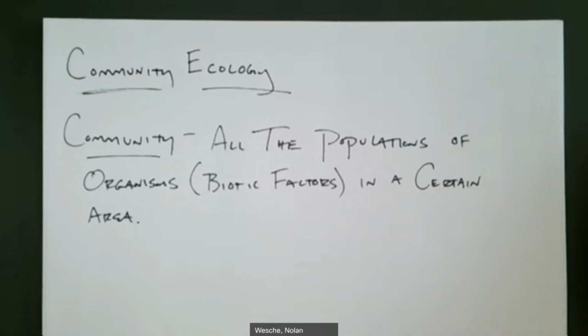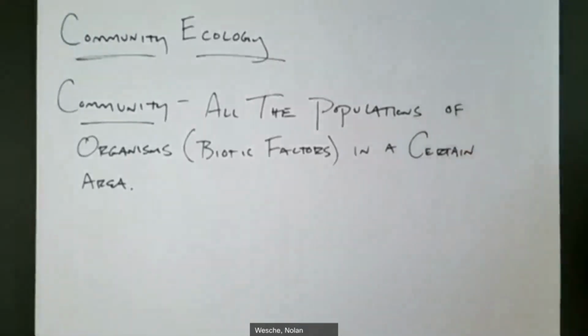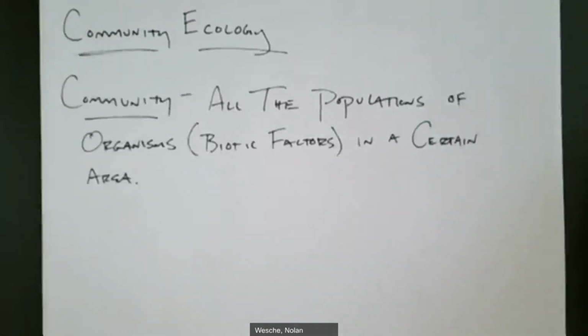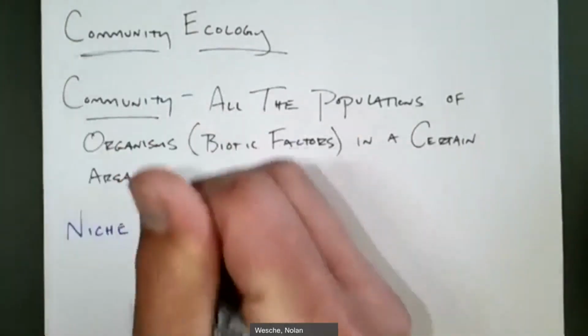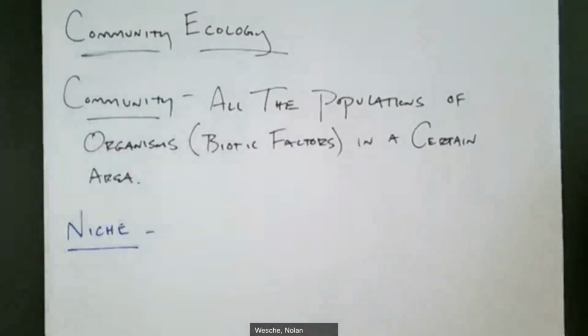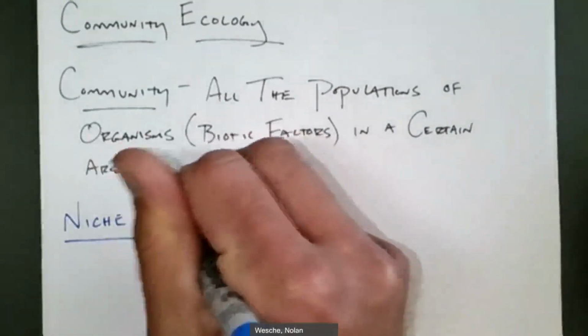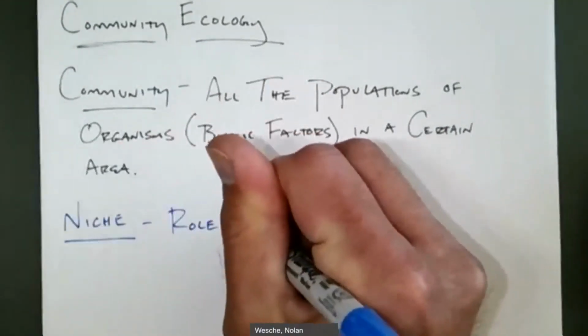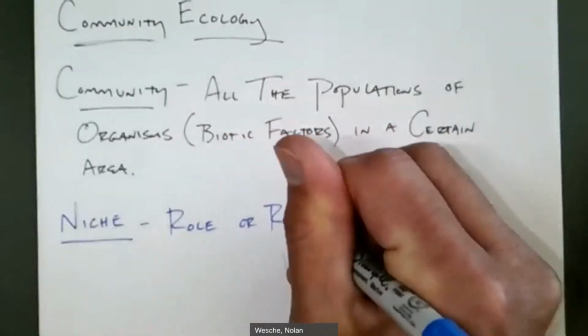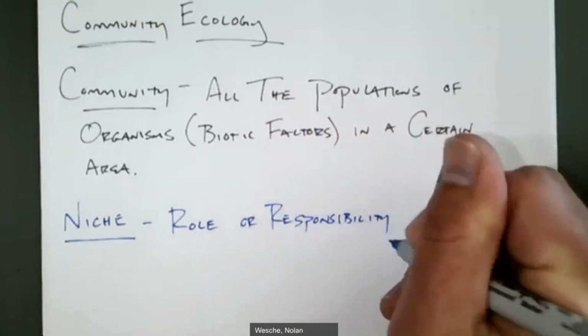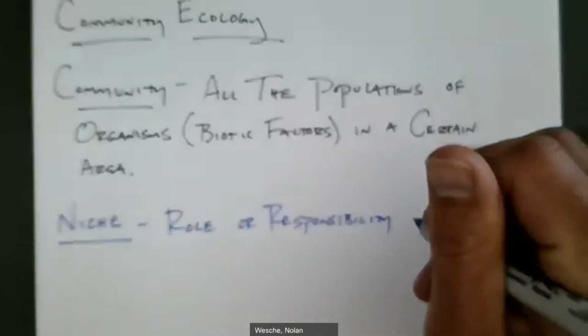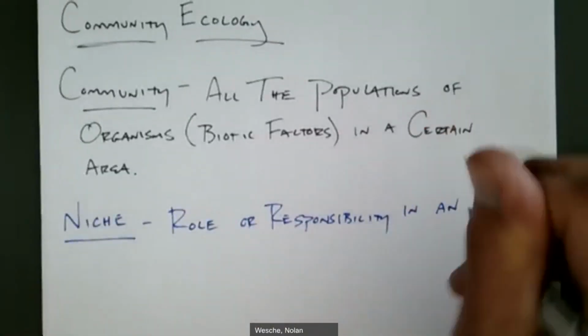And within communities, organisms tend to have something called a niche. So we're going to go ahead and define what that is. And the niche is going to be the role or the responsibility an organism has in its environment.